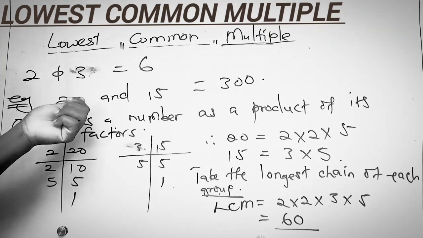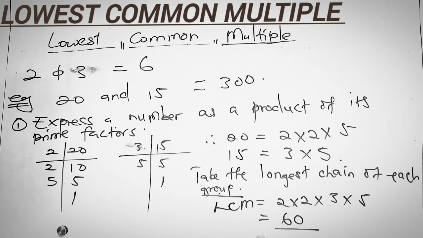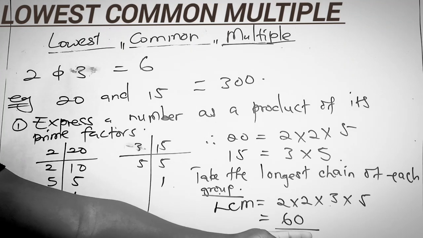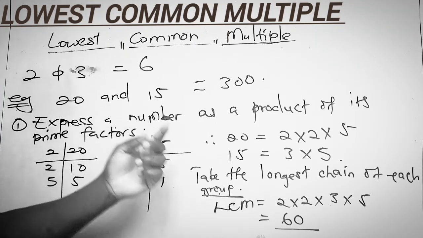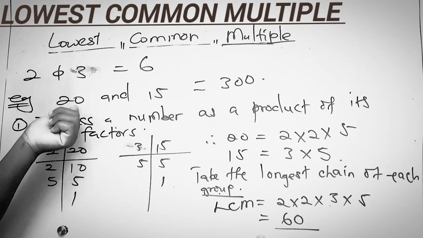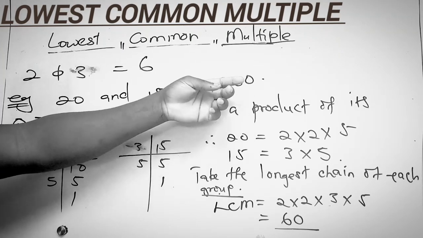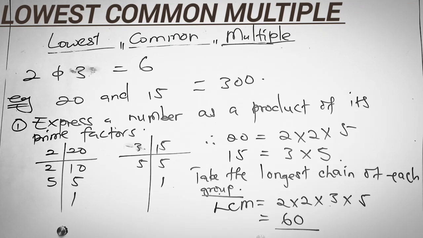Yes, 300 is a multiple of these numbers, but it's not the lowest. 300 still gives you the answers, but it is not the smallest. So this is how you calculate the lowest common multiple.